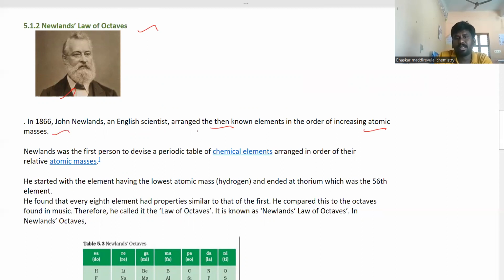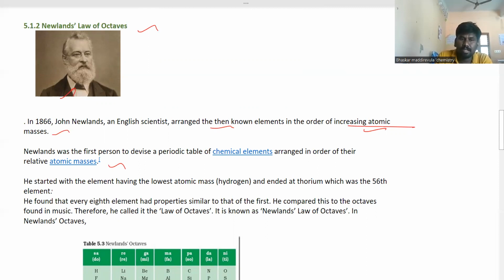But keep in mind, Newlands was the first person to arrange the chemical elements in the order of atomic mass to give a table.